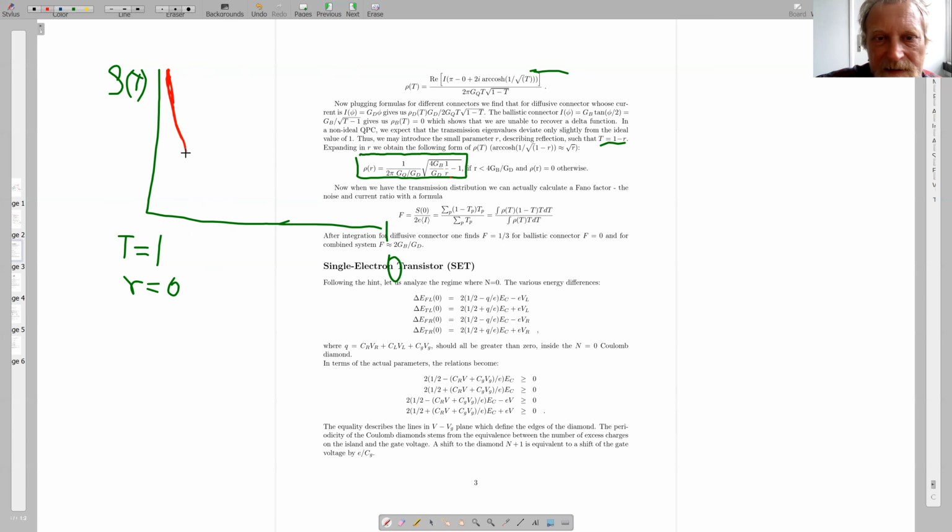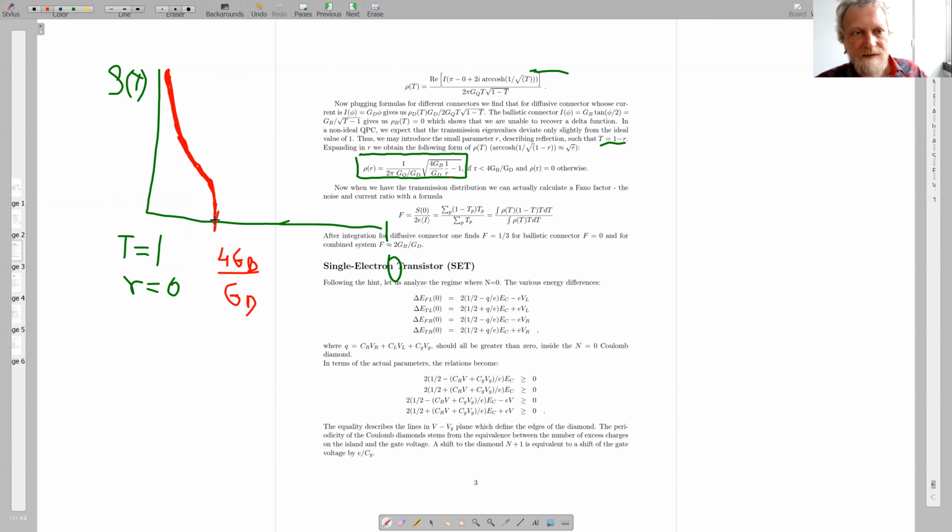Another peculiarity is that the distribution ends at some particular value of r, which is 4GB divided by GD. So that's small r. So it goes somehow like this. That shows how the original distribution, where all transmission coefficients were one, is spread a little bit.